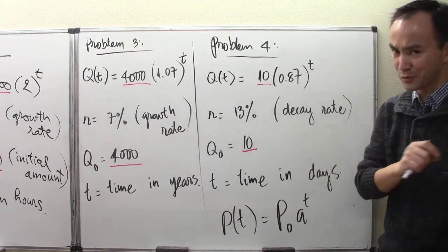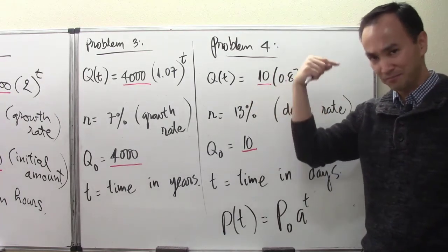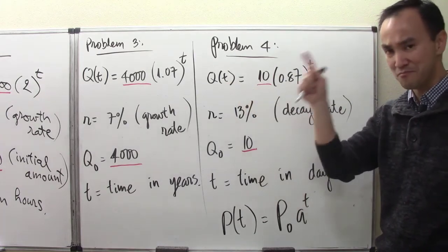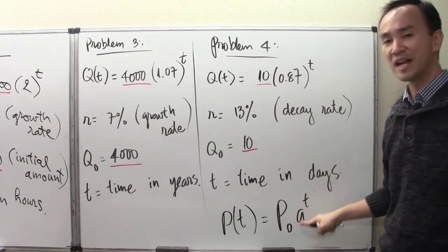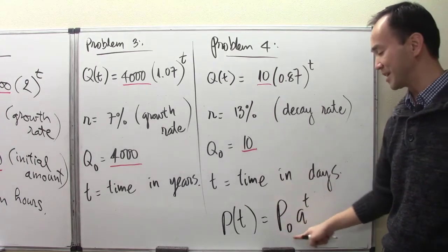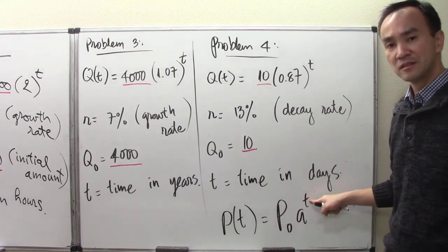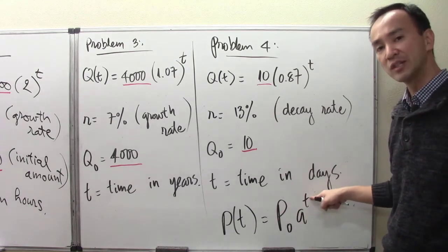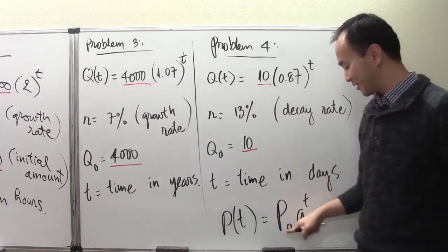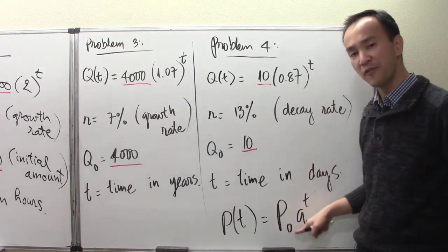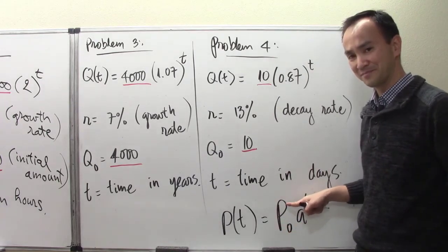There will be problems where we have to find out how much the initial amount was. But as a rule, it's always the initial amount multiplied with some base raised to an exponent. So it's always going to have that constant coefficient being the initial amount.